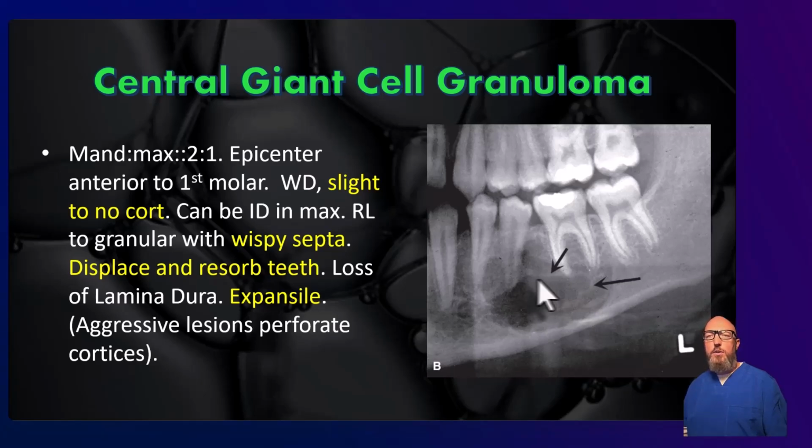Not quite as coarse and well defined, a little bit more wispy. They are kind of straight like myxoma, but they're even more wispy than a myxoma. And so wispy septation like myxoma, but usually more round loculations like ameloblastoma. And these can be quite expansile, so that's more similar to ameloblastoma. So they displace, they resorb teeth. Sometimes they can behave very aggressively and start to perforate the cortices.